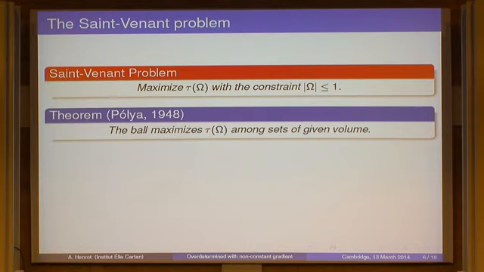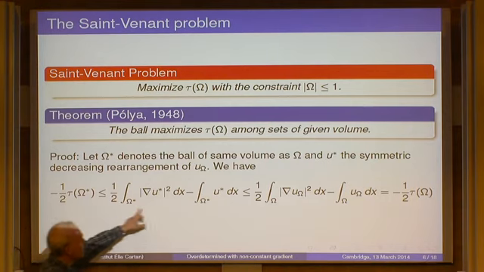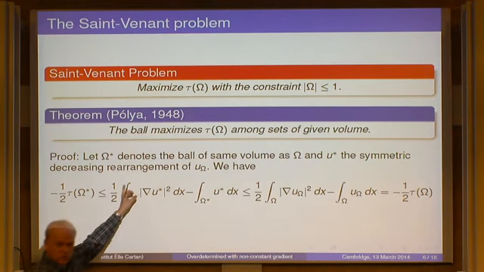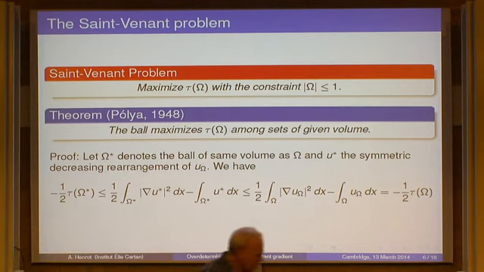The proof obviously uses symmetrization, so let me write the proof in a few words. Here I write the energy of the problem, and you remember that the solution of my PDE is the minimizer of this energy.